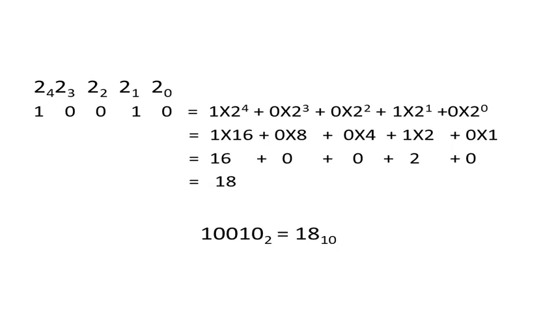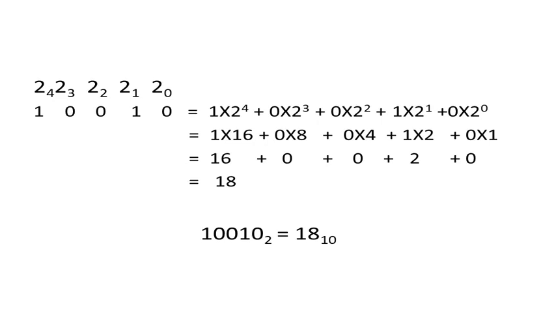10111 in binary form can be converted as 23 in decimal format. And here this value is 10010. Again we can convert into decimal format. 1 is multiplied by 2 to the power 4 plus 0 multiplied by 2 to the power 3 plus 0 multiplied by 2 to the power 2 plus 1 multiplied by 2 to the power 1 plus 0 multiplied by 2 to the power 0.